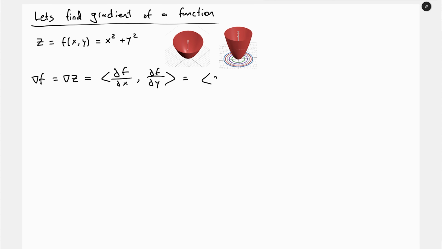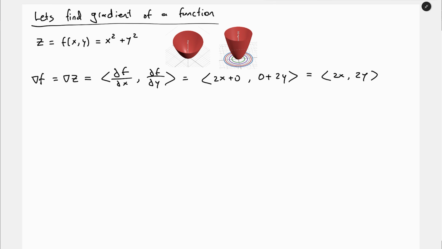So we will have 2x plus 0, because we treat y as a constant, and constants in a derivative go away when they are alone, and x squared becomes 2x. And similarly for the other one, we have this, which is just 2x and 2y.